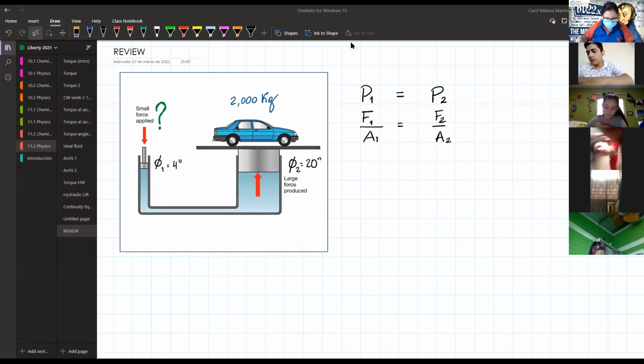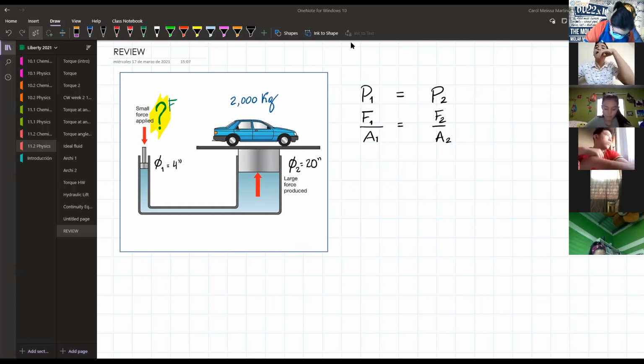The idea of force tells you that you need to write there any number that has Newton. But here, you're looking for this force, so this one is going to be unknown: the force applied in the small piston. So your unknown is going to be force 1, that is what you have to find.